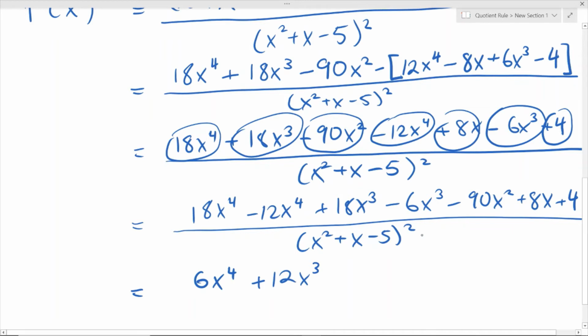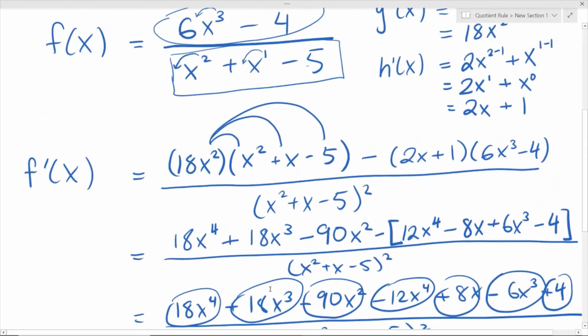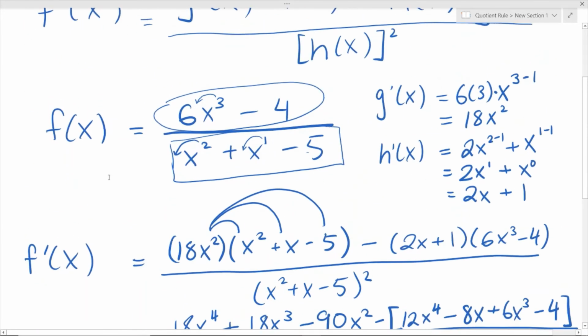This is negative 90x squared, so negative 90x squared. And then here it's positive 8x and adding 4. Over x squared plus x minus 5 squared. Copying this. And there we have it. This is the derivative, right? F prime of x of f of x.